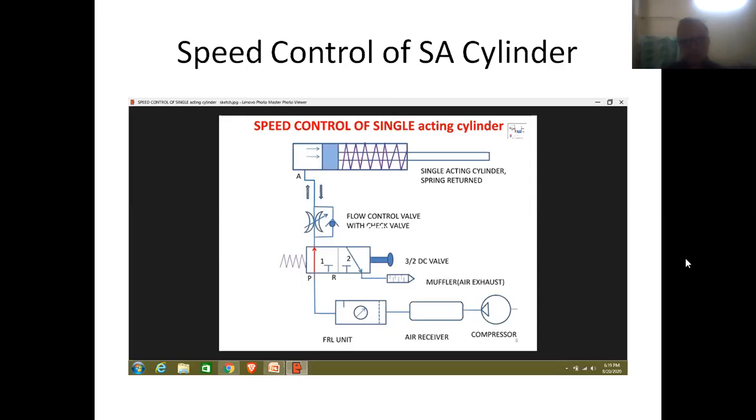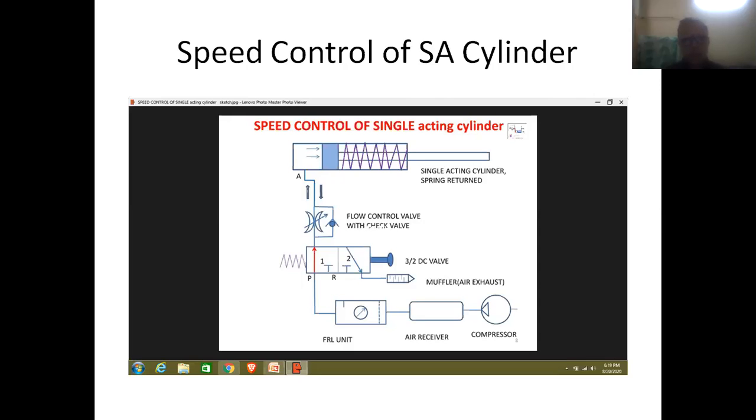So friends, flow regulators are divided into two components. Flow regulators consist of two valves. The first one is called a throttle valve, and the second one is referred to as a check valve.